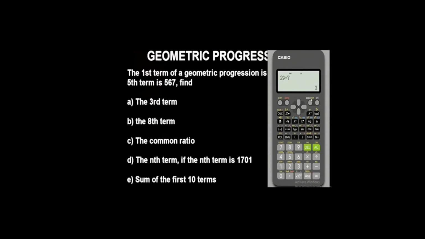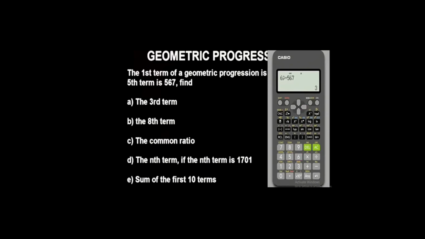I can do it this way or let's adjust. Let's use the fifth term now. After 5, the next value was 6. Remove this 2 and put 6, divide by the value of the fifth term here, which is 567. We still get the common ratio.